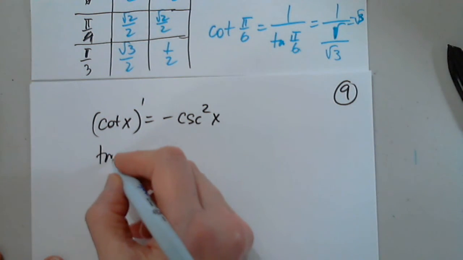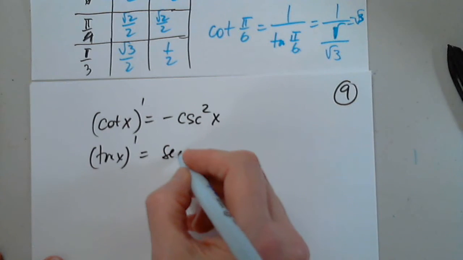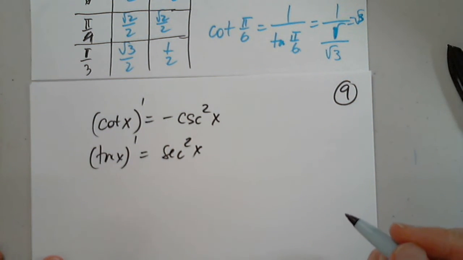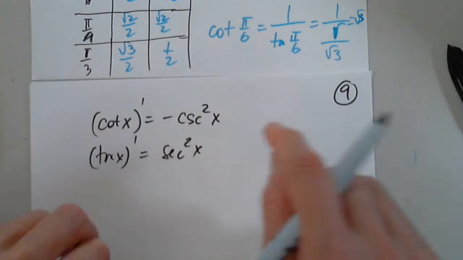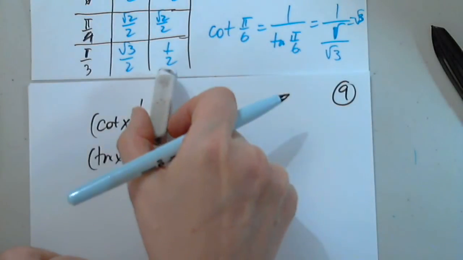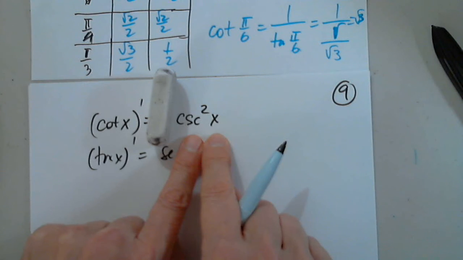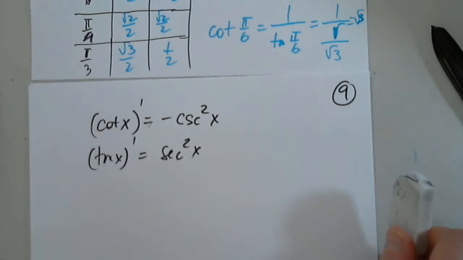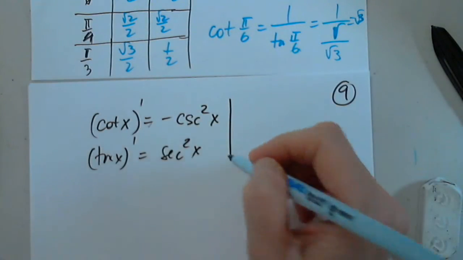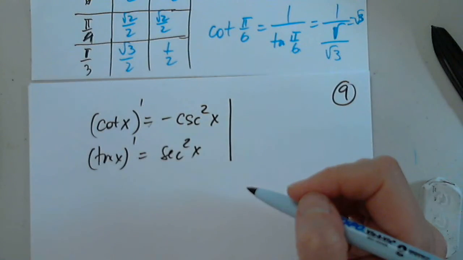If I have tangent prime, I get secant squared, right? Right. So if I integrate this, I get tangent. But now, if I integrate this, I get negative cotangent. I see. Better? Oh, I get it. Absolutely.